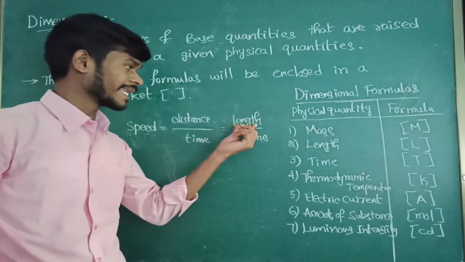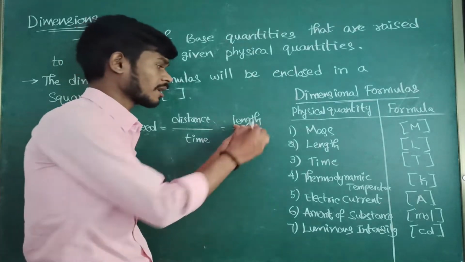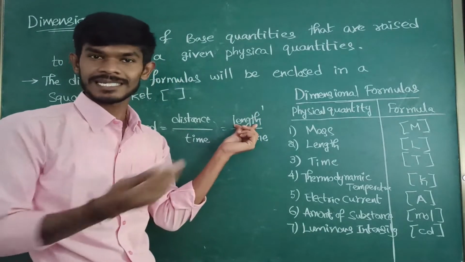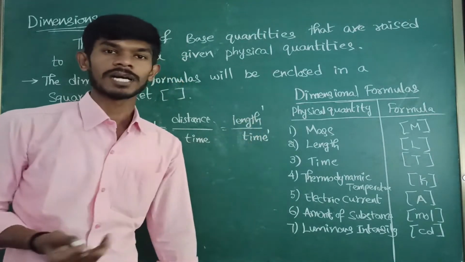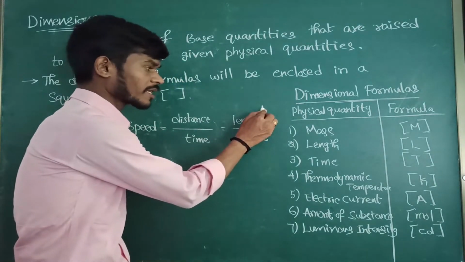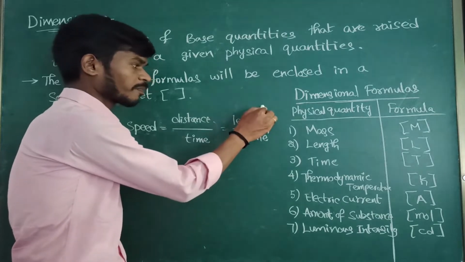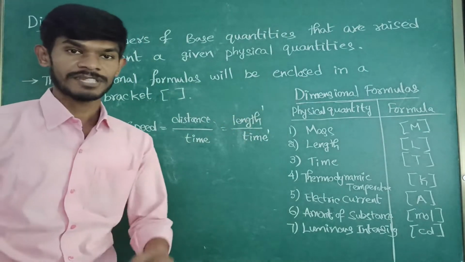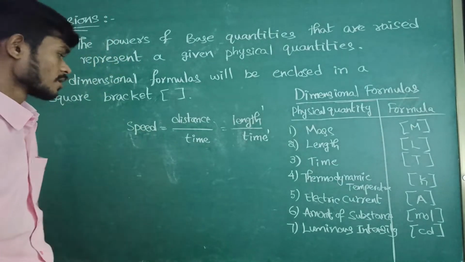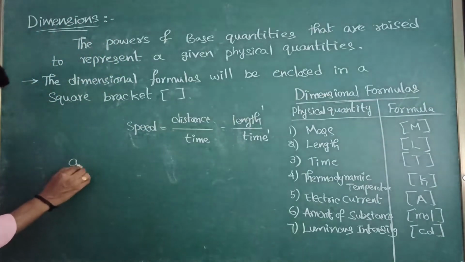The length is representing the dimension; here, the power is 1, nothing is written, so we consider it as 1. And for time also, the power is 1. So the powers of those base quantities will be represented as the dimensions of the physical quantity.